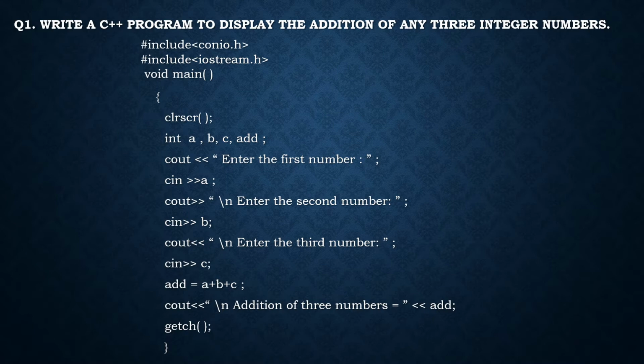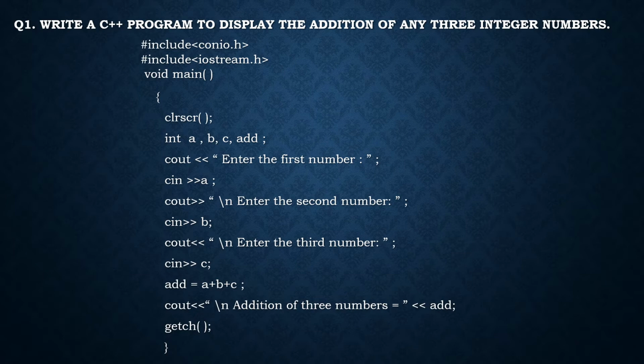If the values are given, then you have to initialize the variable in the declaration step. But here no values have been given, so we have to take the values from the keyboard. Okay, so let's start the program.